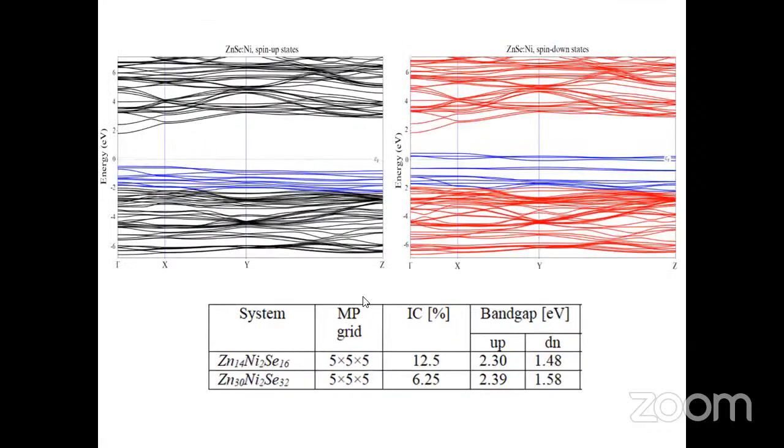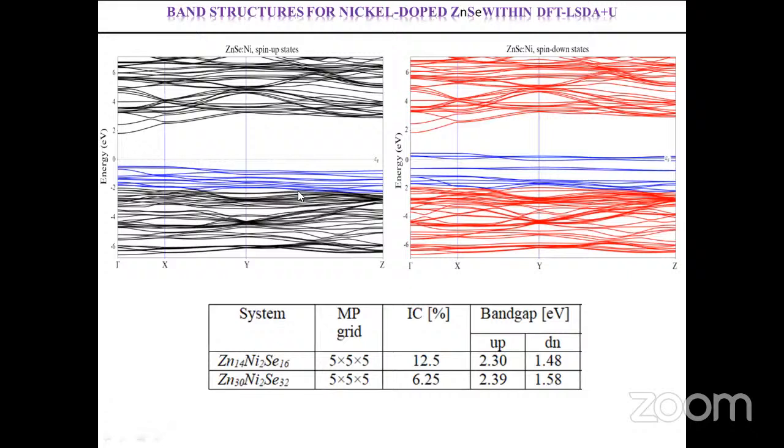In this slide, you can see the results of our calculations for nickel doped zinc selenide spatial structure, which consists of 32 atoms.